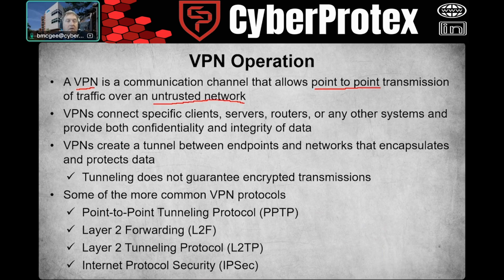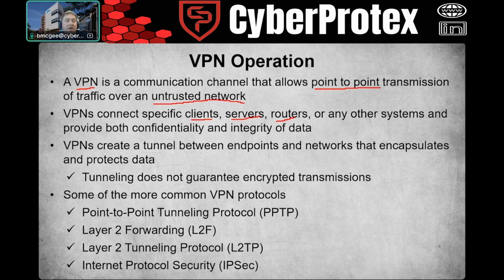Typically, you'll have some sort of client installed on your device, whether it's a laptop or your phone or whatever, that will connect out to another specific system. It could be a client-server model, a client to a router, or a client to a server to a router. So it's typically a many-to-one relationship.